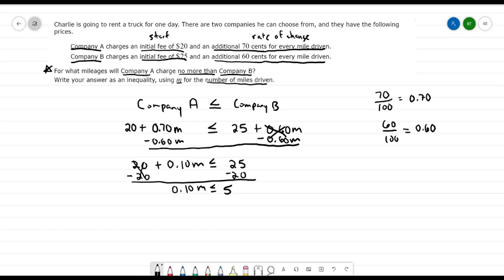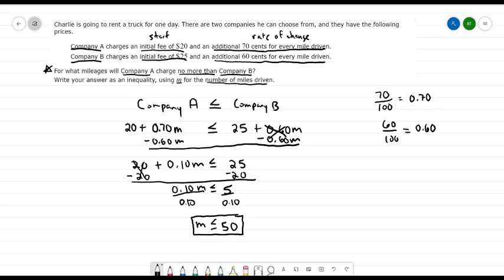And then my last step is going to be to divide both sides by 10 cents. On my calculator, 5 divided by 0.10, and you get 50. And I bring down my inequality sign, and this simplifies to M, and that's my answer.